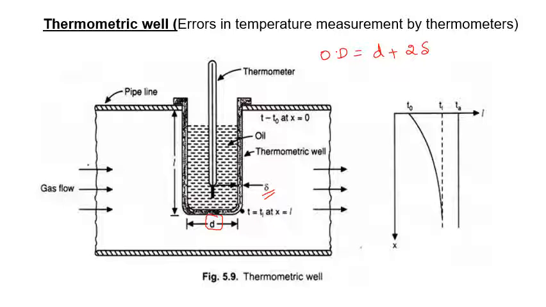And now this well is like a spine, or it is the protruding surface, and this can now be considered as a fin, right? And we have done the fin derivation, right? If you remember the fin derivation, we have done with this as a base area, and this is the tip, right?